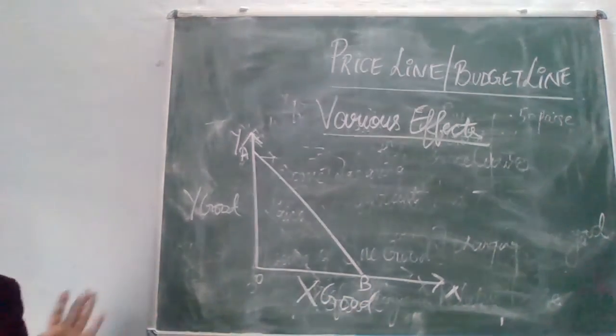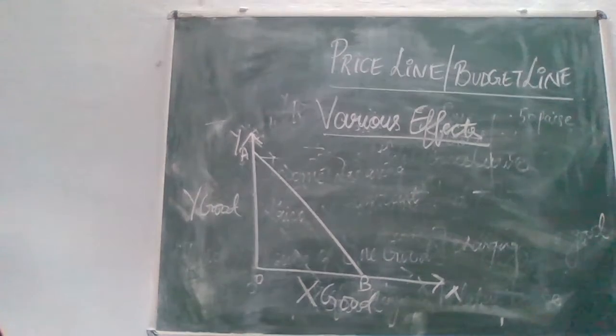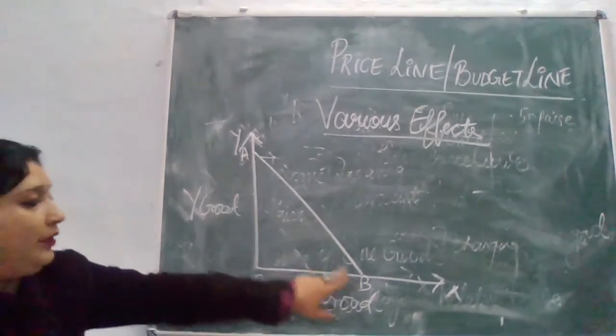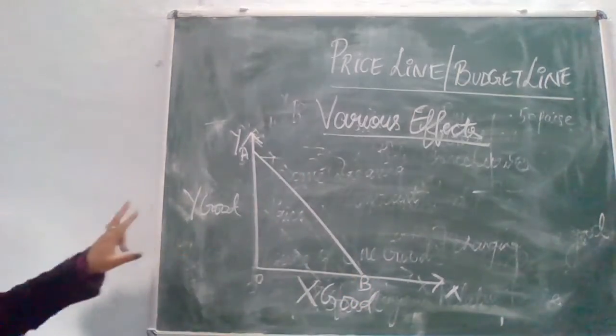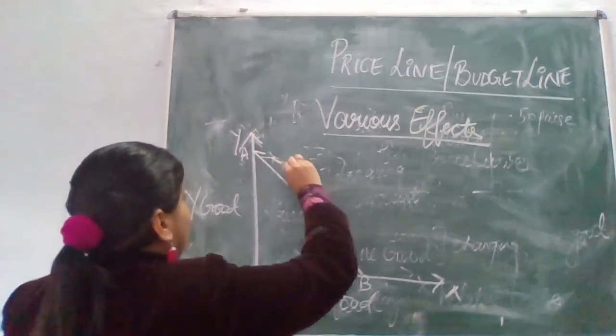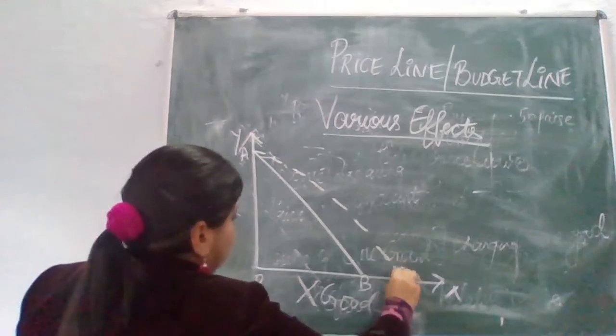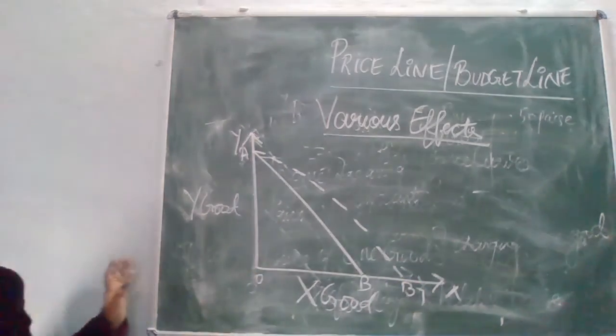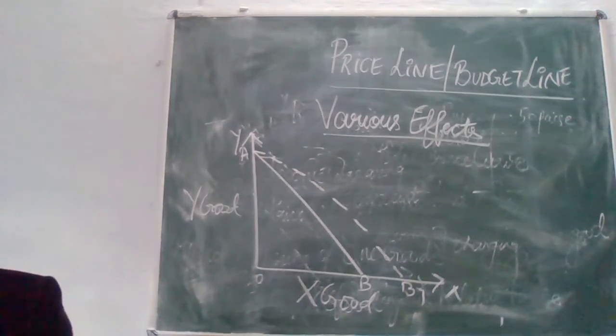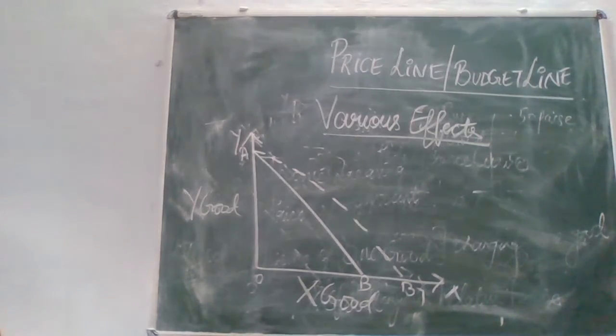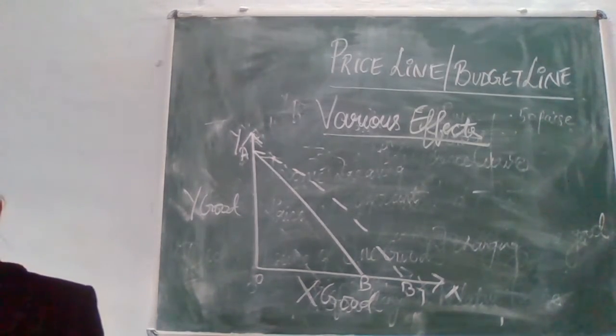So if the price of X good falls, then the price line shifts from AB to AB1. It means we are shifting like this, A, B1.